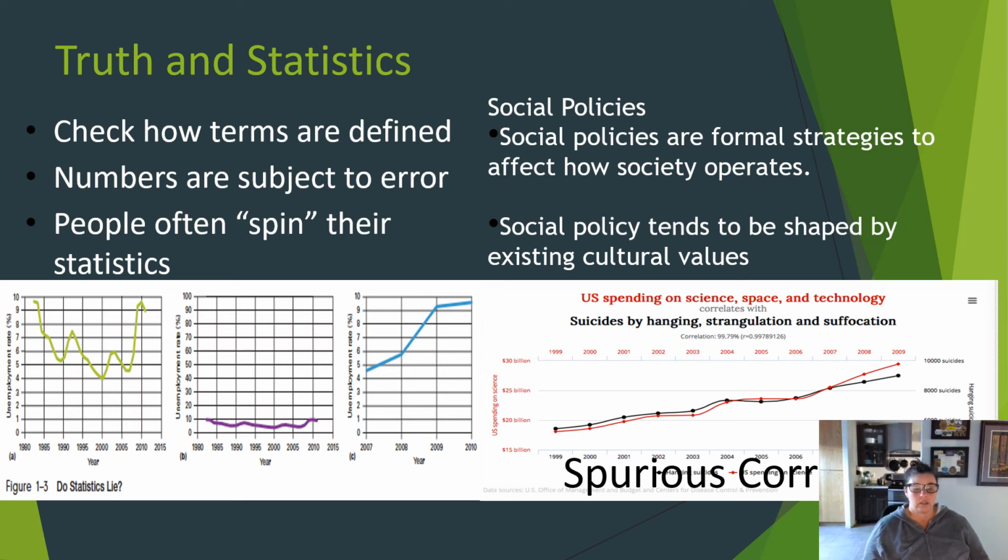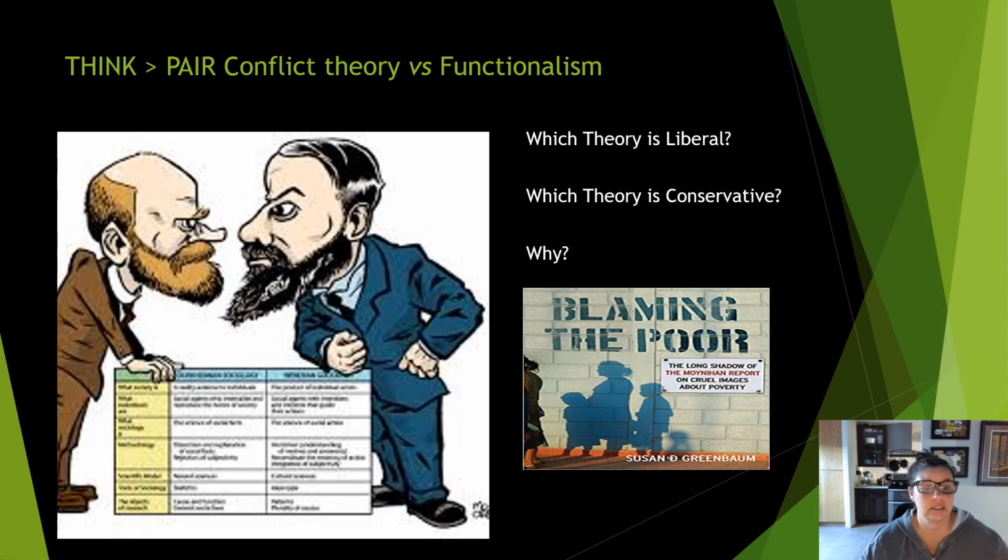Now, if you never learned stats in school, if you were afraid of it, if you ran away from it, if you never got a college education and you don't learn these things, you are the most easily manipulated in this regard because you don't know what you're looking at. And these numbers and terms can be scary, right? So this is how we shape information, and we manipulate the truth with statistics.